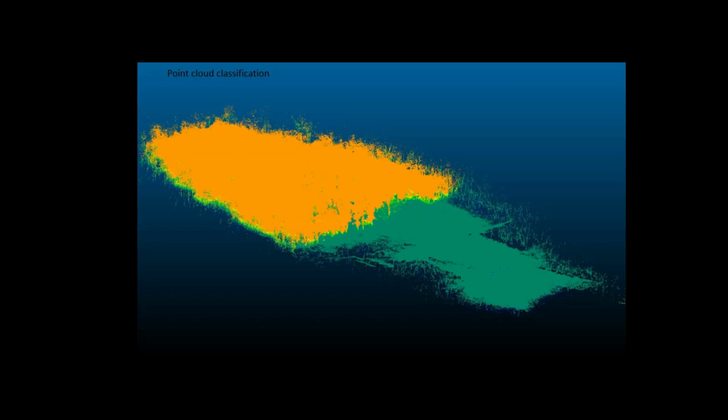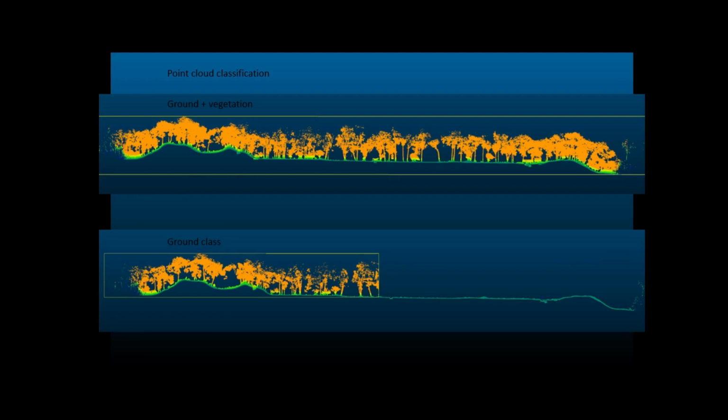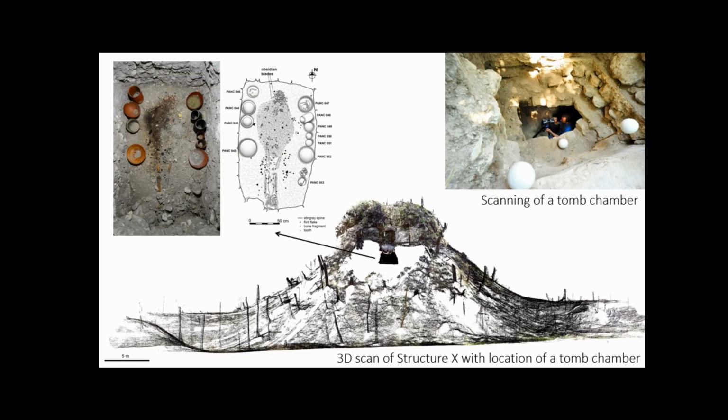All of this data, from the ground and vegetation scanning and from each excavated feature and structure, we have merged into one project. And for our analytical aim, we decided to generate a classification of the point cloud. We extracted the ground surface and obtained a very detailed model.